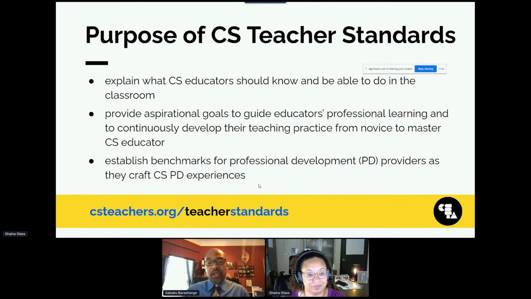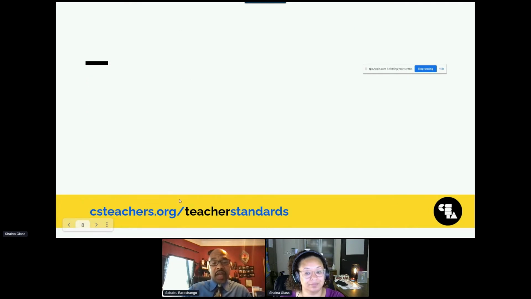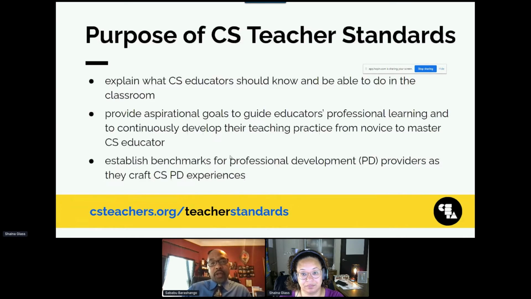Most of you should already be familiar with the computer science standards for students. And if not, they are also located on the CSTA's website, which is csteachers.org. But these standards were based off some former computer science standards that were collaboratively developed.